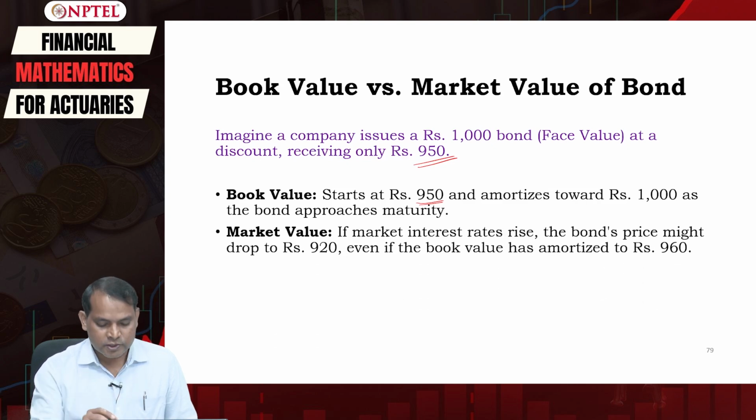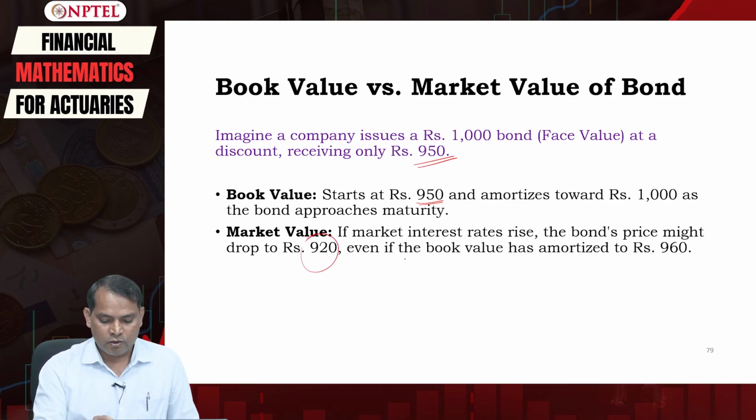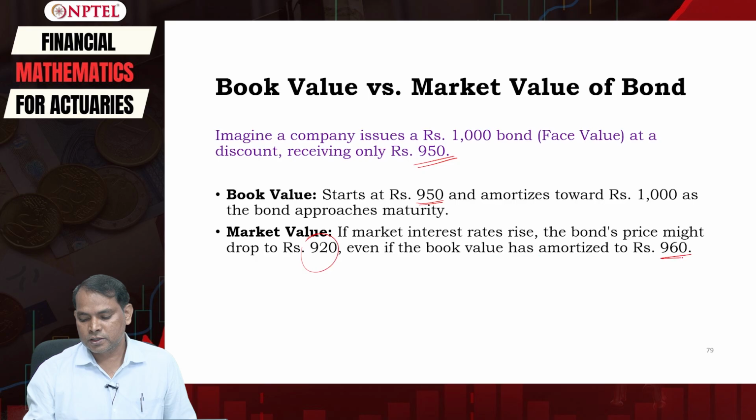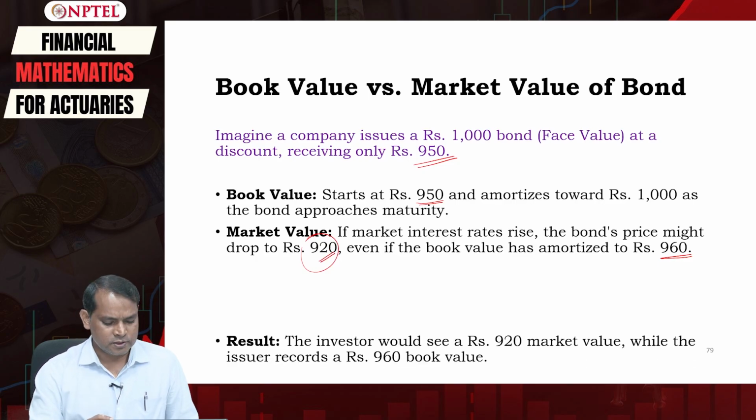Even if the book value has amortized to 960, if the market interest rate rises, the market price will decrease to maybe 920, let's say.